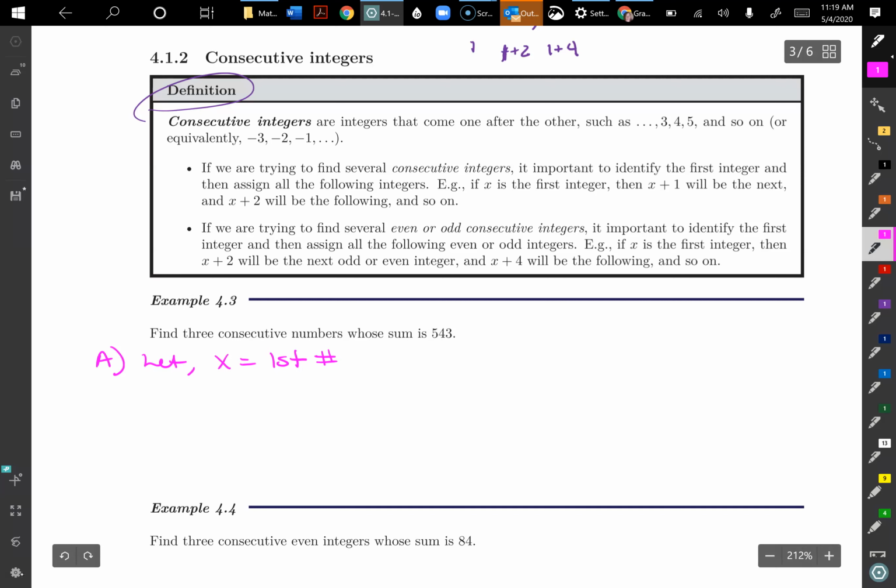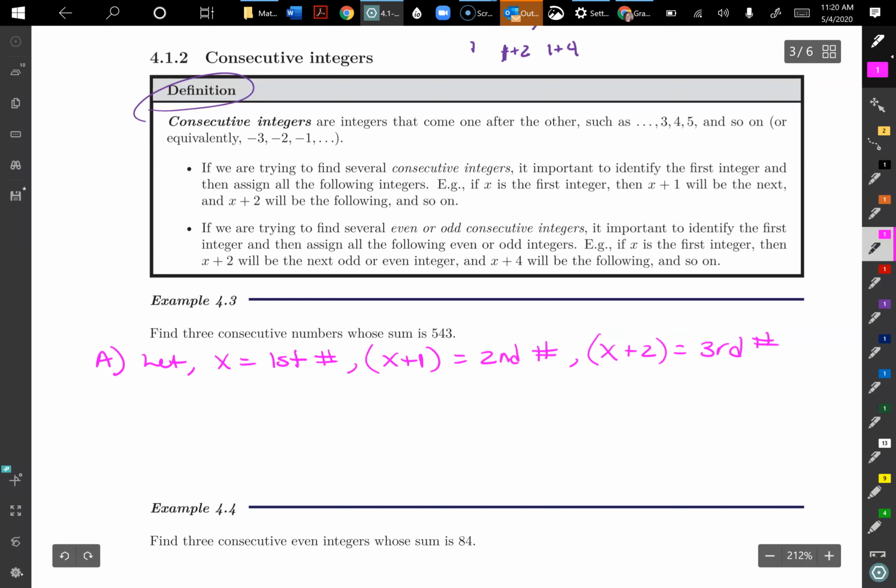You can use the little pound symbol to say number. X plus 1, I usually put them in parentheses just to be real clear, but you don't necessarily have to because we're just adding. But if we were doing any kind of multiplying, like on some of them we will be, you want to just get in the habit of that. And then x plus 2 equals the third number.